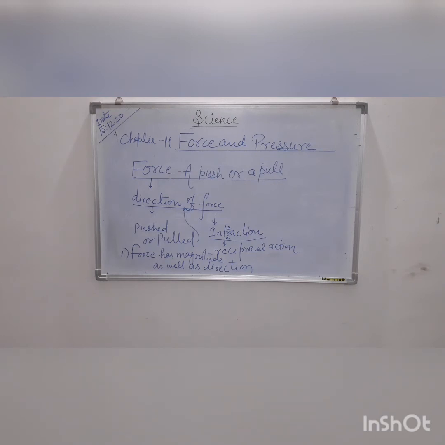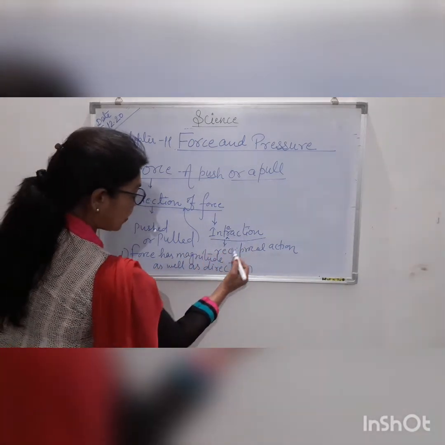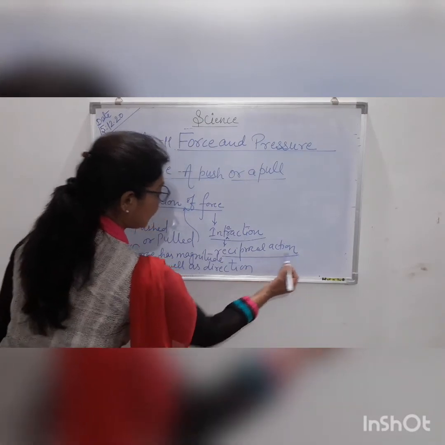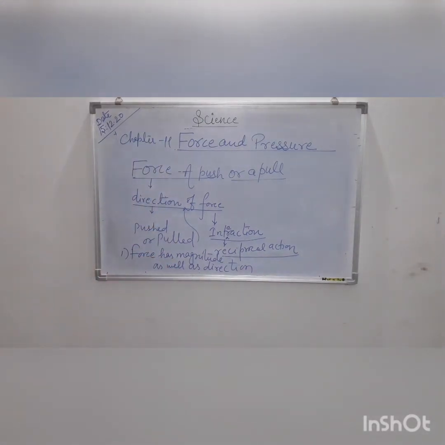Before we go further, we should know the meaning of the term interaction. Interaction means reciprocal action. What is the meaning of interaction? Reciprocal action. Interaction involves how many objects? Two objects.